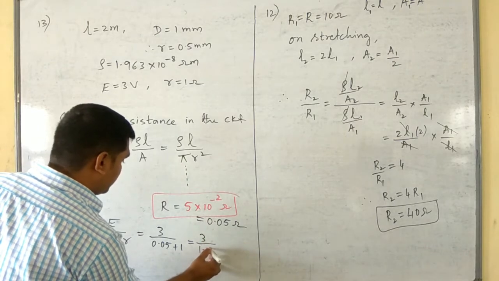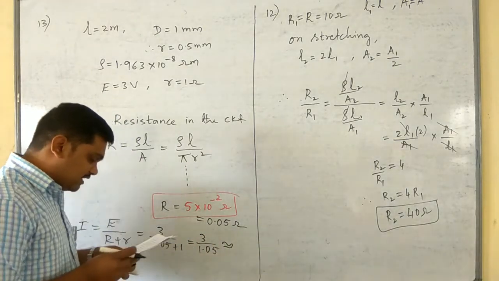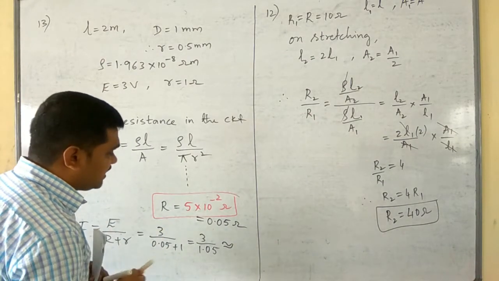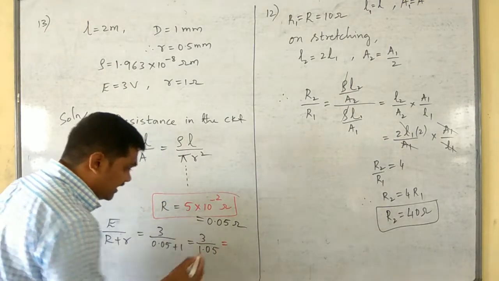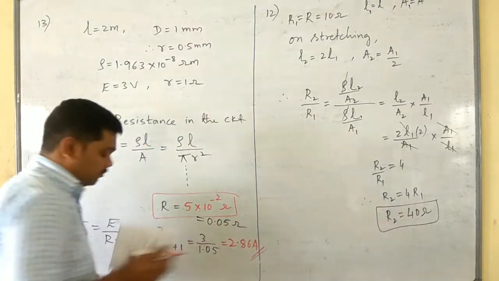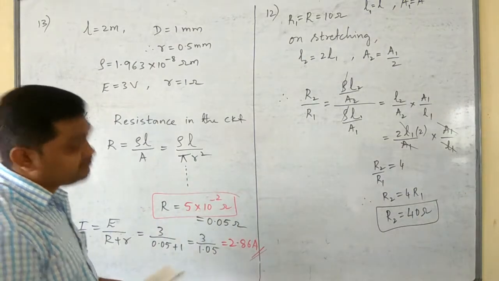Therefore 3 divided by 1.05. So approximately you should get 2.86 ampere.